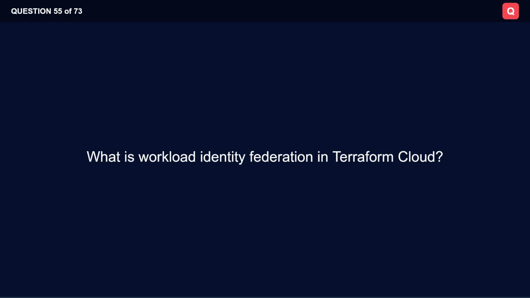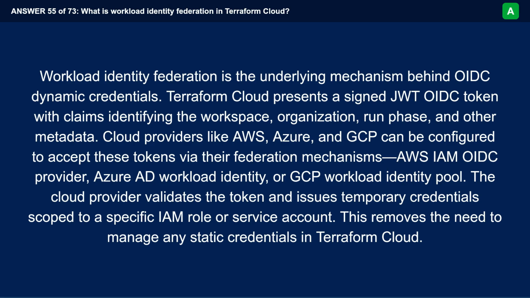What is workload identity federation in Terraform Cloud? Workload identity federation is the underlying mechanism behind OIDC dynamic credentials. Terraform Cloud presents a signed JWT OIDC token with claims identifying the workspace, organization, run phase, and other metadata.